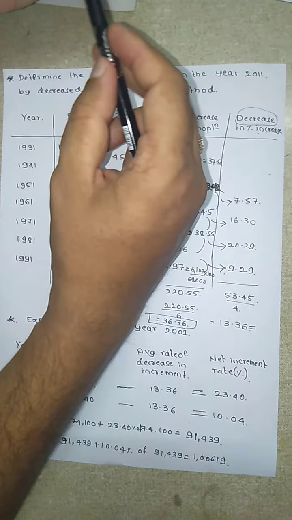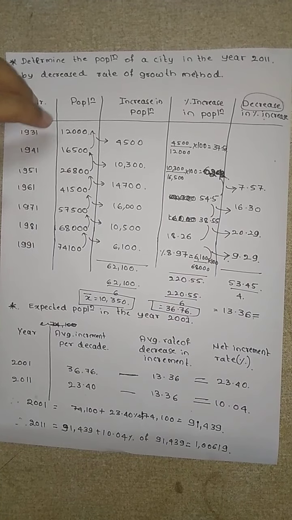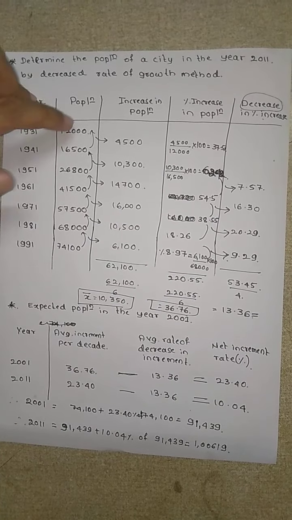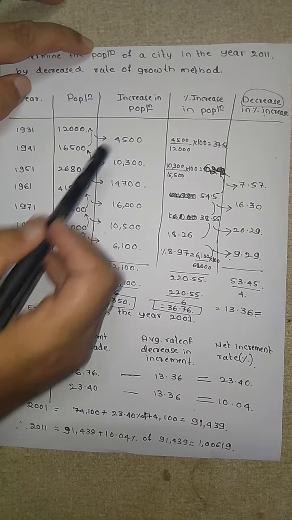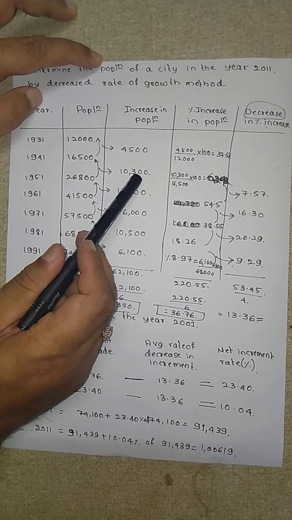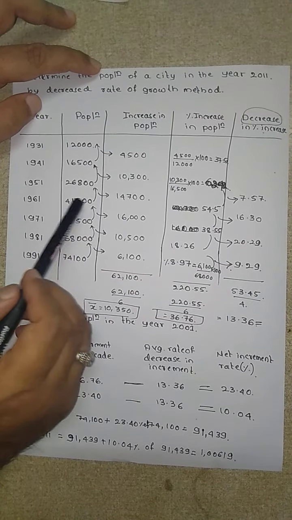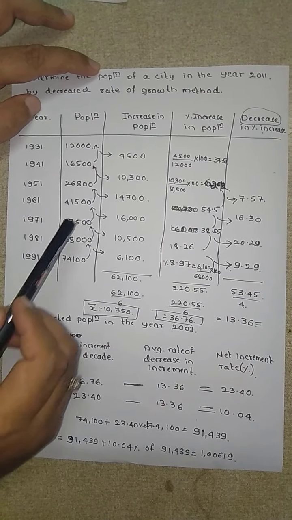Now the increase in population you already know how to find: between two successive decades we subtract the populations. 16,500 minus 12,000, we get 4,500. 26,800 minus 16,500, we get 10,300. Then 41,500 minus 26,800, we get 14,700.